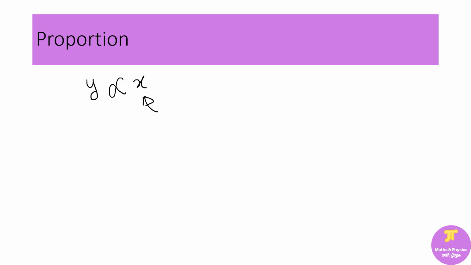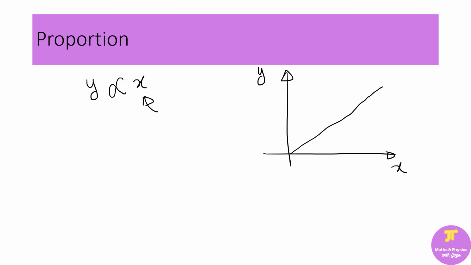So let's have a look at an example. First, if y is proportional to x and we plot this relationship on a graph, it will always go through the origin. The equation is something like y equal mx.